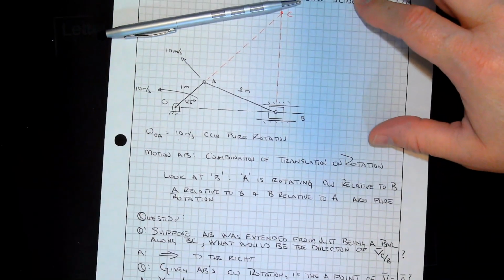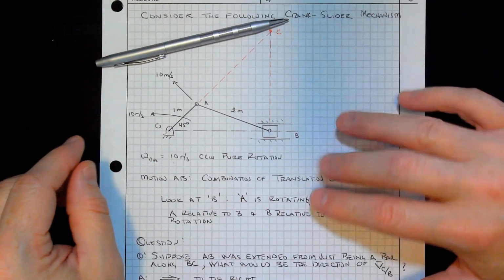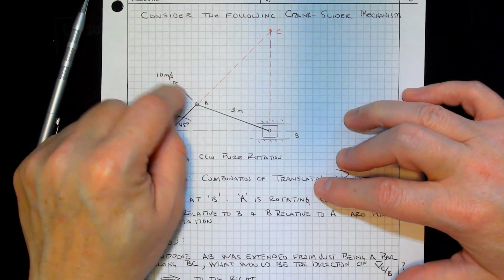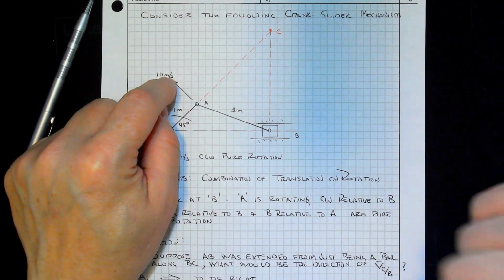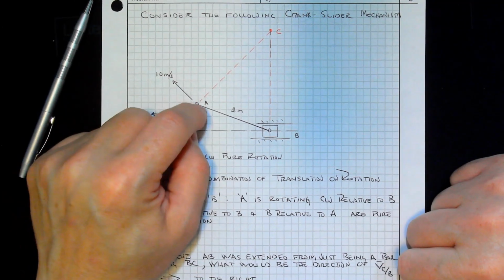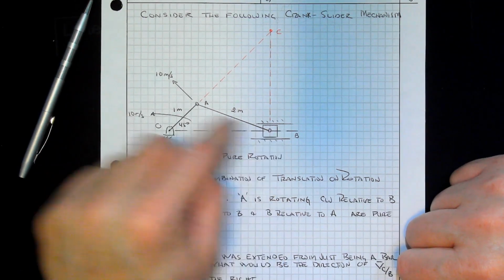So let's contemplate this some more. Okay? So here I have this. A is definitely moving in this direction at this instant. So if I'm sitting on A, what do I see B doing?